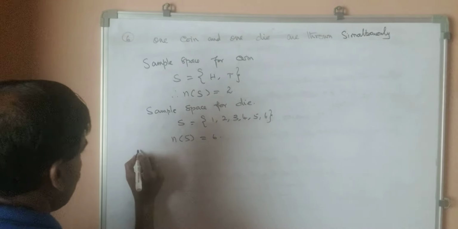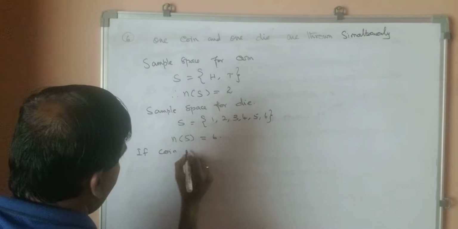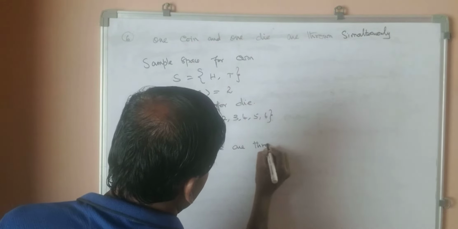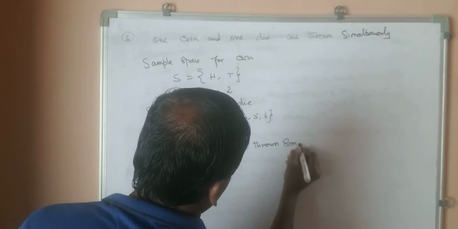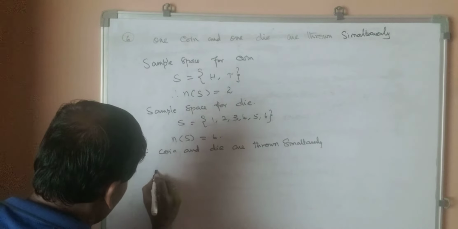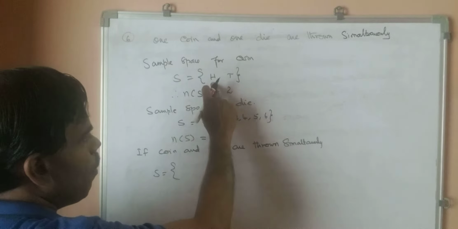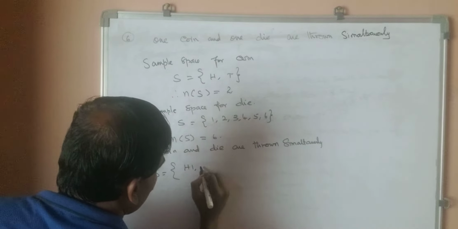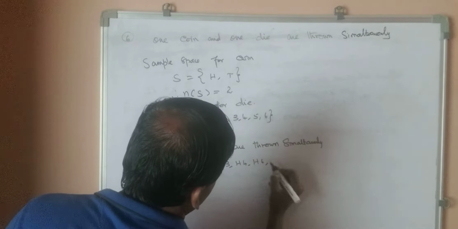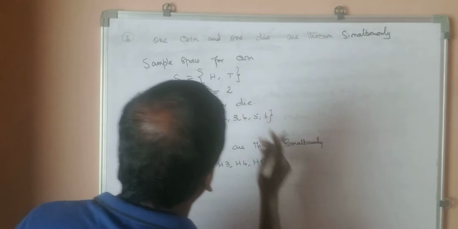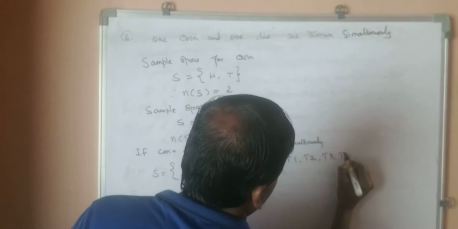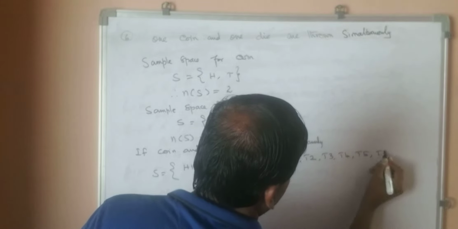Now, together, if coin and die are thrown simultaneously, what will happen? See, you may get H1 or you may get H2, you may get H3, you may get H4, you may get H5, you may get H6, or you may get T1, T2, T3, T4, T5, T6.